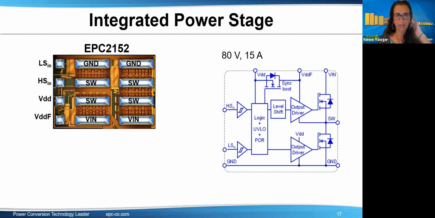How effective is it to have an active Miller clamp in GaN devices? I wonder if there might be two ways to answer that. One is maybe they're asking about active dead time management. A lot of MOSFETs have drivers with a feedback mechanism to look at the diode so that there's no shoot-through.